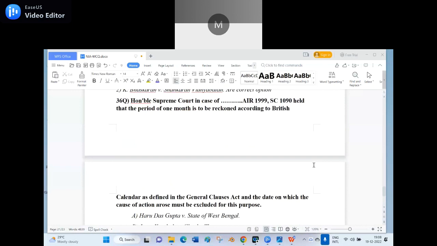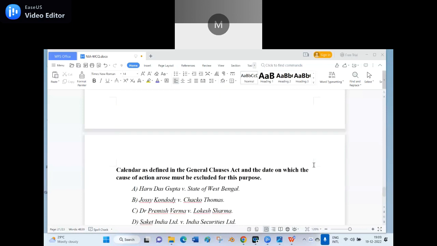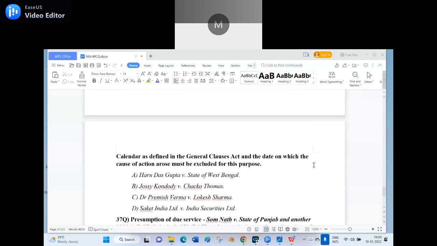Okay, 36th question. The Honorable Supreme Court, in the case of Dash, AIR 1999 Supreme Court 1090, held that the period of 1 month is to be reckoned according to the British calendar as defined in the General Clauses Act. Now, the date on which the cause of action arose must be excluded for this purpose. Option A, Haradas Gupta versus State of West Bengal. B, Joshi Kondodi versus Chaco Thomas.